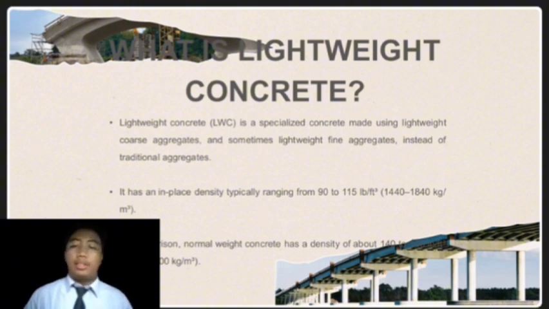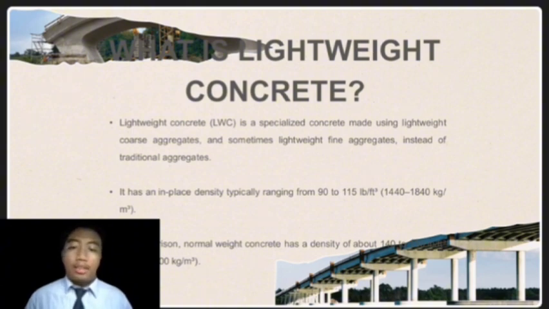Why do we do this? The primary goal is to reduce the dead weight of a structure. If you look at the data points here, you will see that lightweight concrete typically has an in-place density ranging from 90 to 115 pounds per cubic foot.